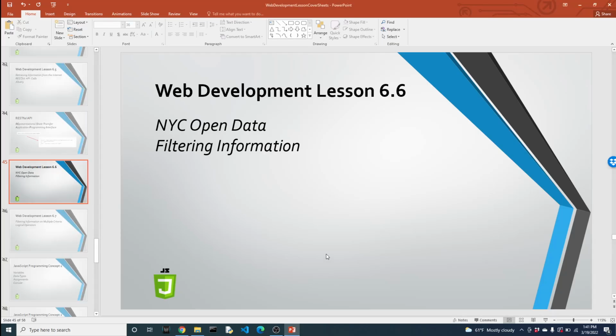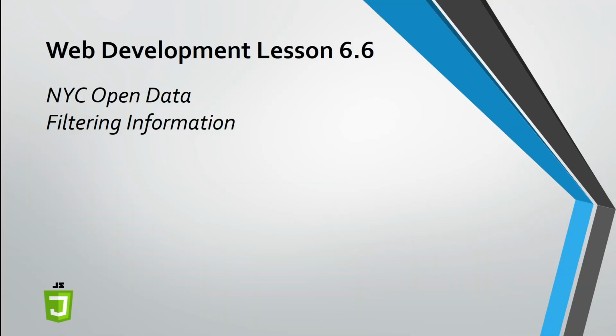Let's review what we've done. In this particular video, we explored NYC Open Data, which is a great place where you could get a lot of information about various agencies throughout New York City. We explored one particular agency, which is the one that handles 311 calls. Because the information was so massive, we wanted to provide our users a way of filtering through that information.